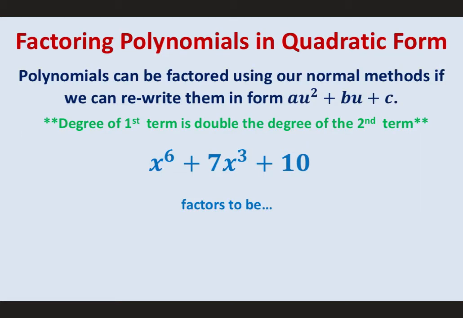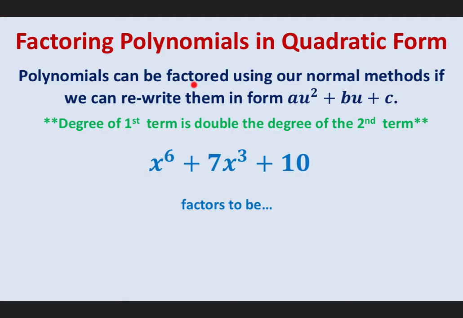All right, our second to last thing for this video is factoring polynomials that are in a quadratic form. Now, this is kind of an expansion on something we already know how to do. We already know how to factor quadratics that are in a x squared form. Now, if a polynomial follows that pattern in some way, then we can factor them kind of like we would normally.